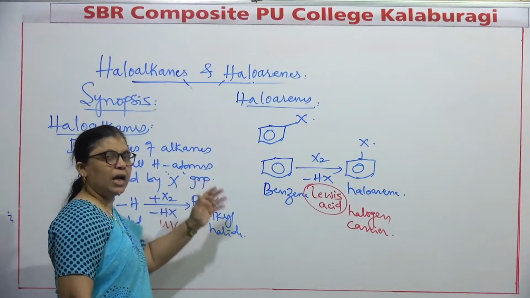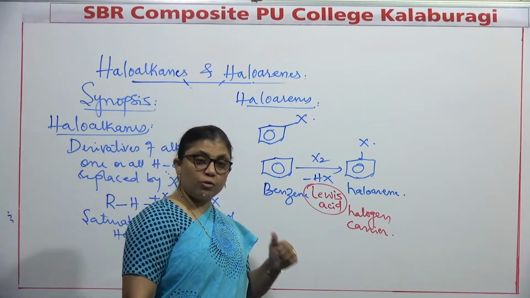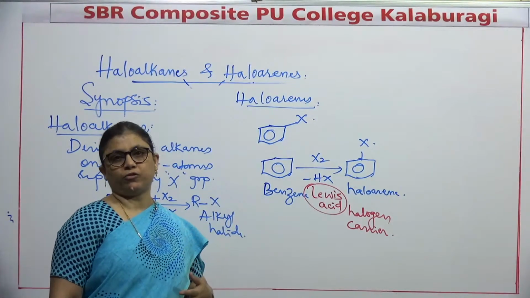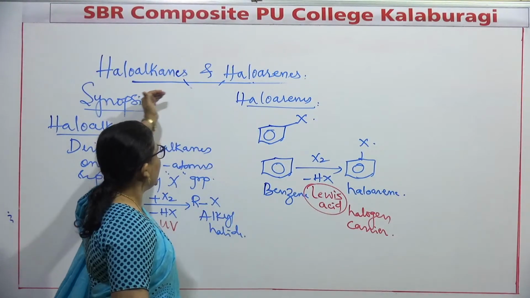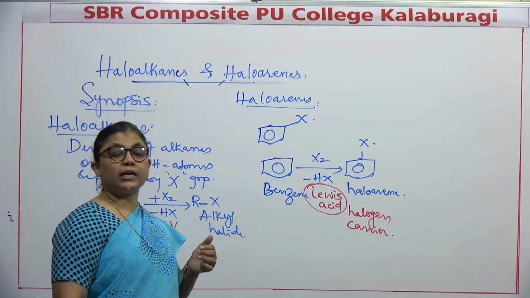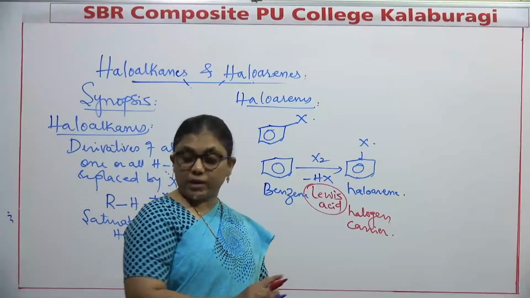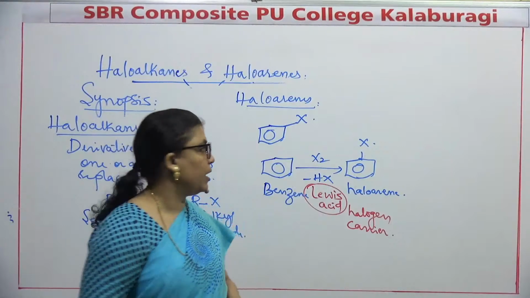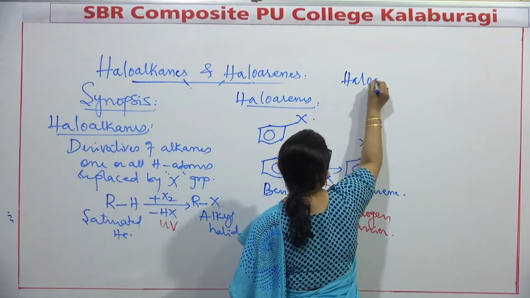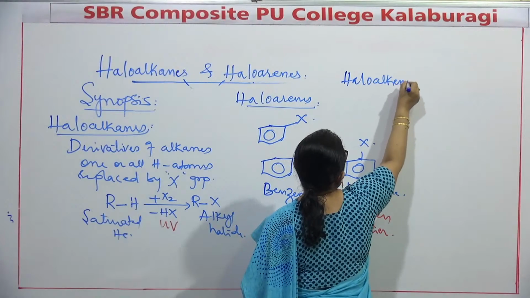Now, not only haloalkane and haloarene, even haloalkenes are also possible. Our topic is related with haloalkane and haloarene, but that doesn't mean that only haloalkane and haloarene are possible. Even haloalkenes are also possible. Means what?